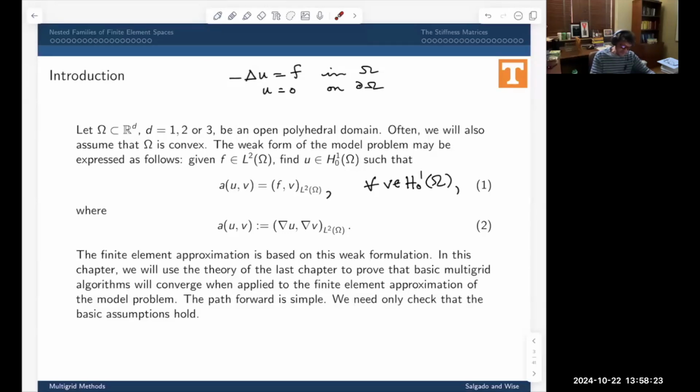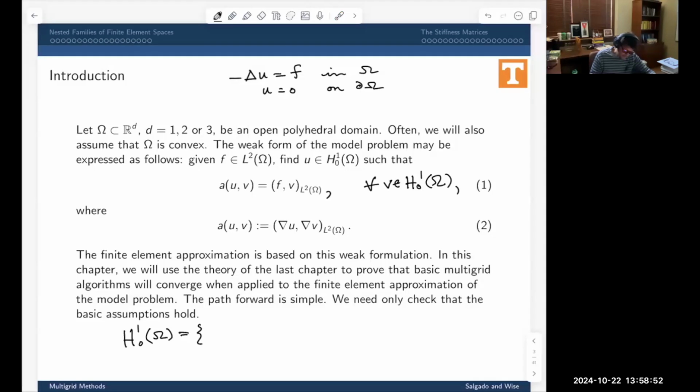Now, what is this space H10? That's a Hilbert space, and that is the space of all functions which are L2, such that they also have a weak derivative on omega that is also an L2 function. Sometimes we write that like this: H1, and I'm going to add on the 0, and I'll talk about the 0 in a second.